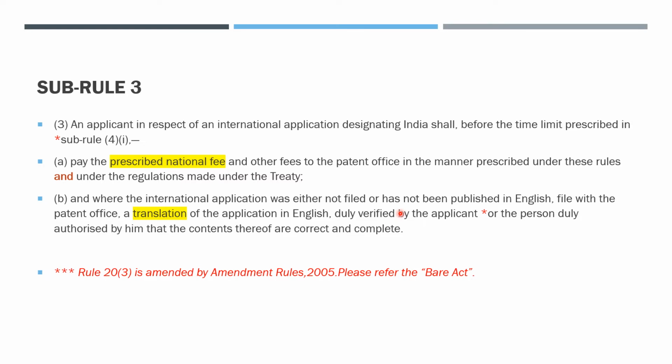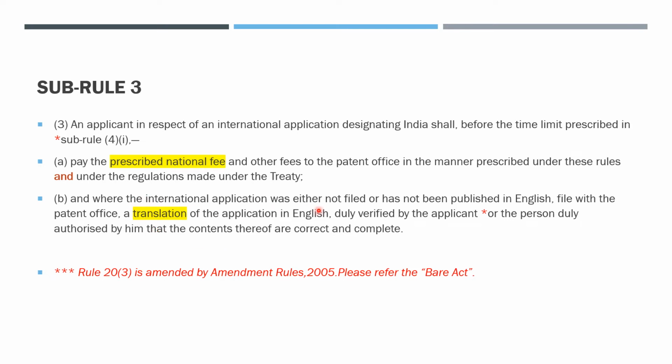And B says where the international application was either not filed or has not been published in English. That means other than English, any language is there, then a translation of the application in English should be done. Just a minute, we can just read it again.